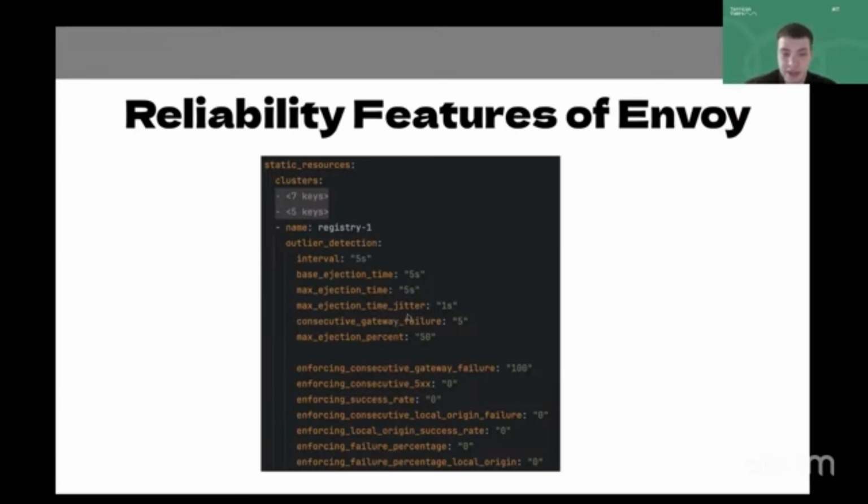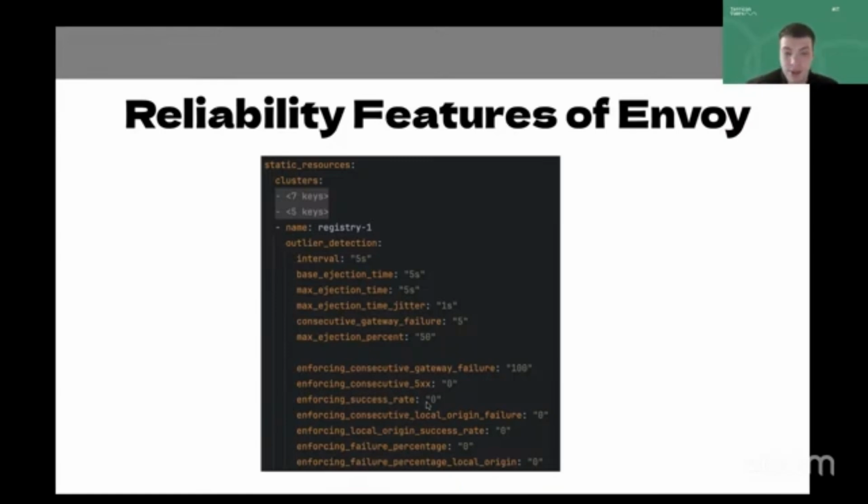And we specify the time for which our failed host will be removed from rotation. For example, here it's 5 seconds. Then the interval that we want to make such checks, then maximum ejection time, and etc. Below we can see the different types of errors or situations when we can use outlier detection.